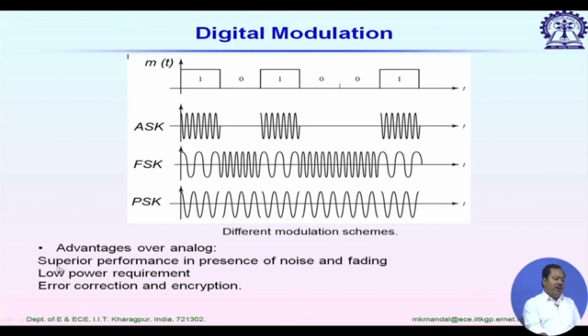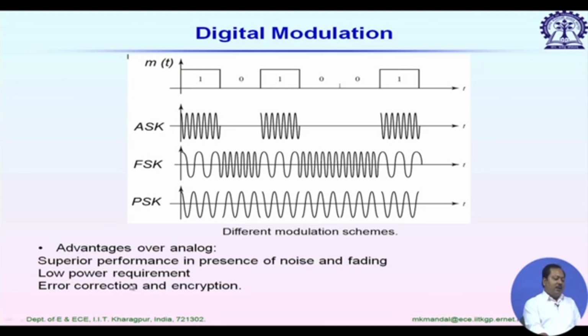It has superior performance in the presence of noise and fading. And not only that, if I compare the total power required for any transmission channel, it would have a low power requirement compared to any analog channel. This power requirement depends on the modulation scheme, we will see.